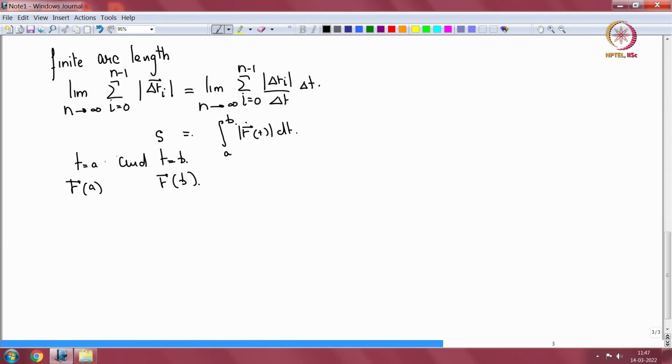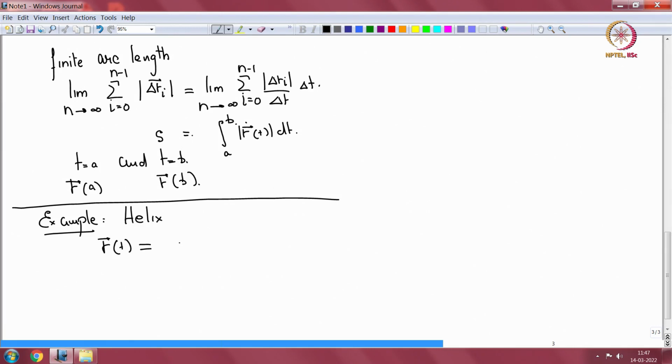Okay. Let us now take an example. The example is a helix. Let us take a helical curve. The r of t is given by cos of t i plus sine of t j plus t k.